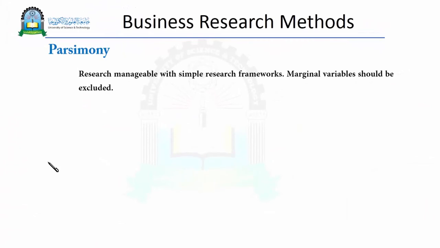Parsimony: research manageable with a simple research framework. Marginal variables should be excluded. So if I am going to introduce some variables to hypothesize the effects on some issues, these variables must be with big effects, high effects, not marginal.